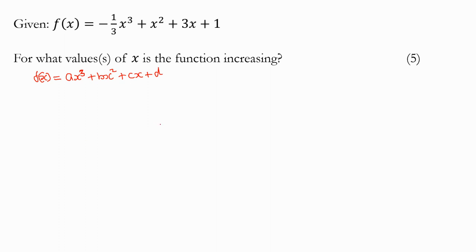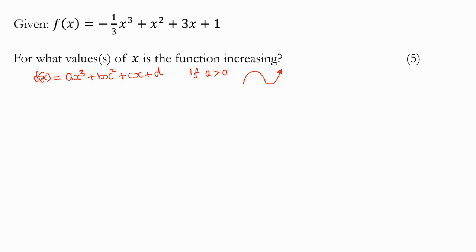We have to know that if a is greater than 0, if a is positive, what will be the shape of the graph? So if a is greater than 0, the graph is going to be shaped like this. The last part is pointing upwards.